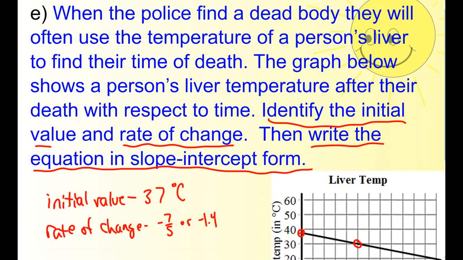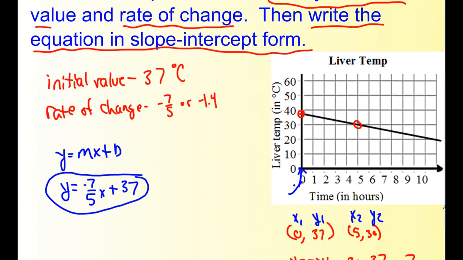And since the question doesn't ask, but I want to talk about it anyways, what does the rate of change represent? This negative 7/5 or this negative 1.4, depending if you like the fraction or the decimal. What does that mean in the scenario? Well, now we're talking about the time of death. So every hour, there's a change of this much.